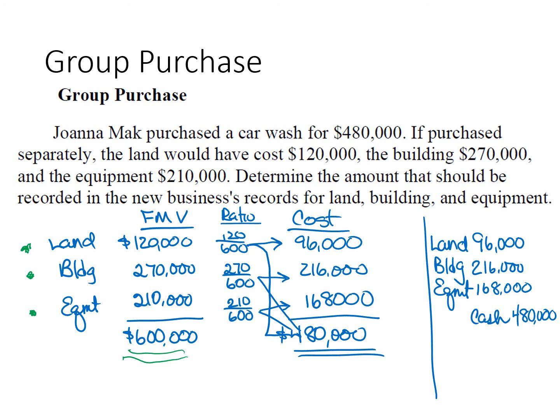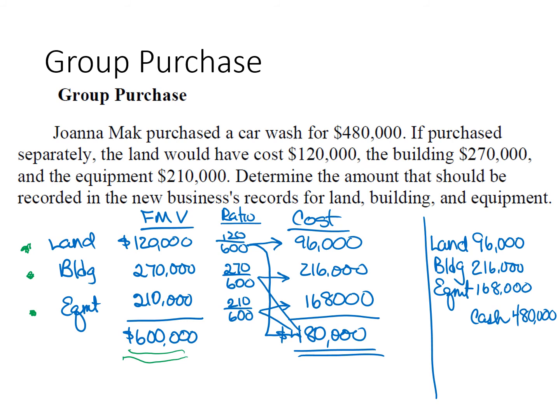So how do we allocate that $480,000 purchase price between the land, the building, and the equipment? You take the fair market value over the sum of the fair market values, or for the land, $120,000 divided by $600,000, and multiply it by the purchase price of $480,000.